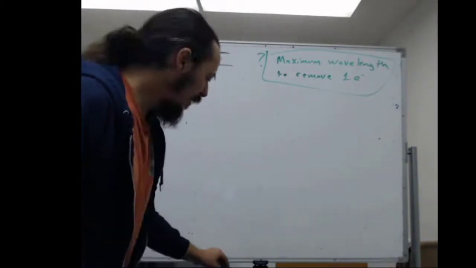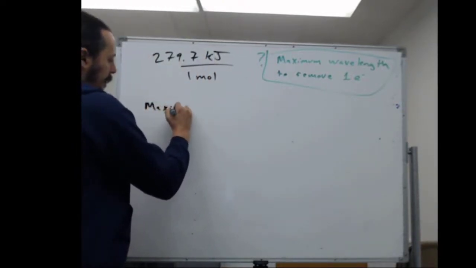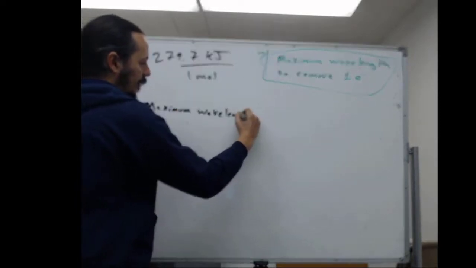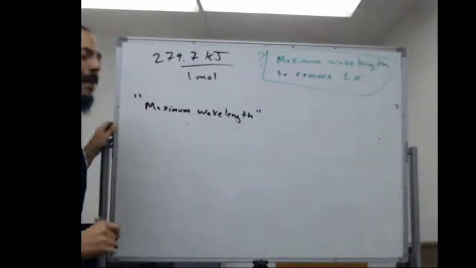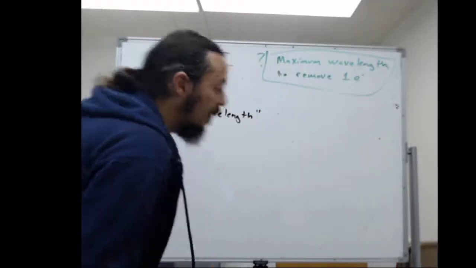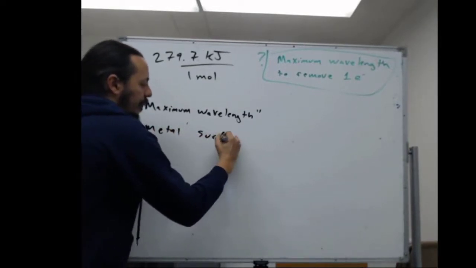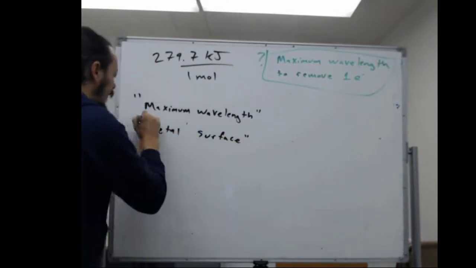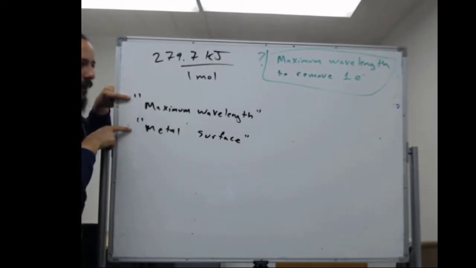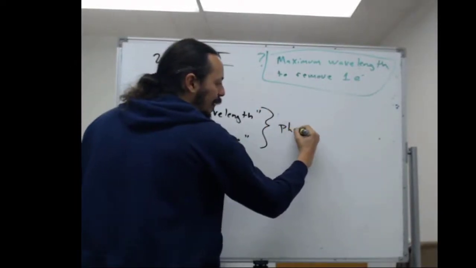But there's a couple important terms. Maximum wavelength, and when we see the idea of maximum wavelength together with metal surface, those two ideas together should make us think photoelectric effect.